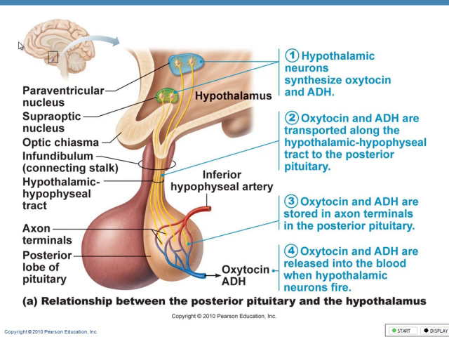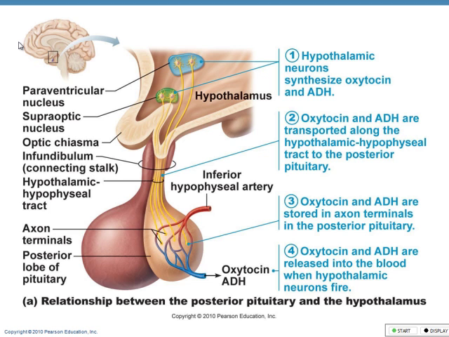So, again, posterior pituitary gland. Another name for the pituitary gland is the hypophysis. The posterior pituitary gland doesn't make its own hormones, it stores hormones. It's connected to that midbrain region by a little area called the infundibulum.